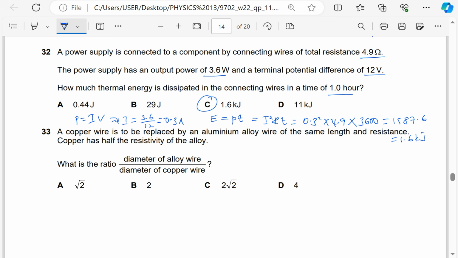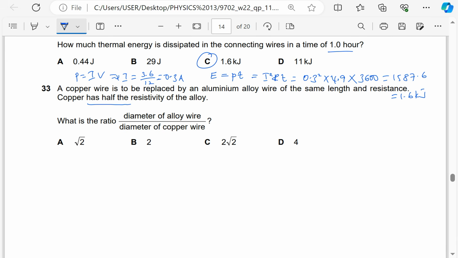A copper wire is to be replaced by an aluminium alloy wire of the same length and resistance. Copper has half the resistivity of the alloy. What is the ratio of the diameter of the alloy wire over the diameter of copper?